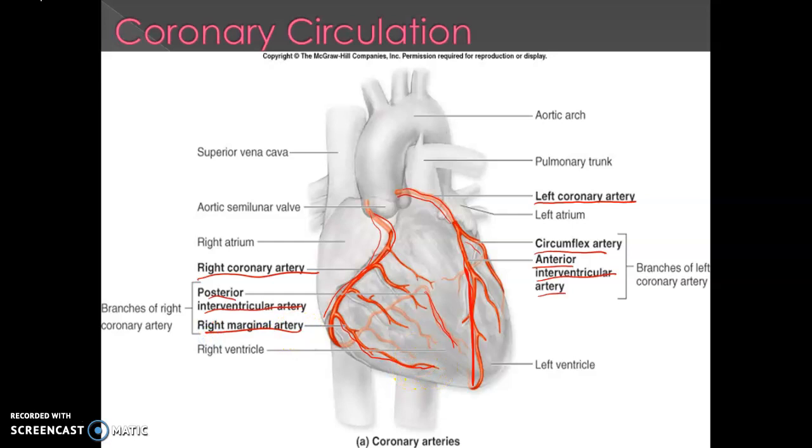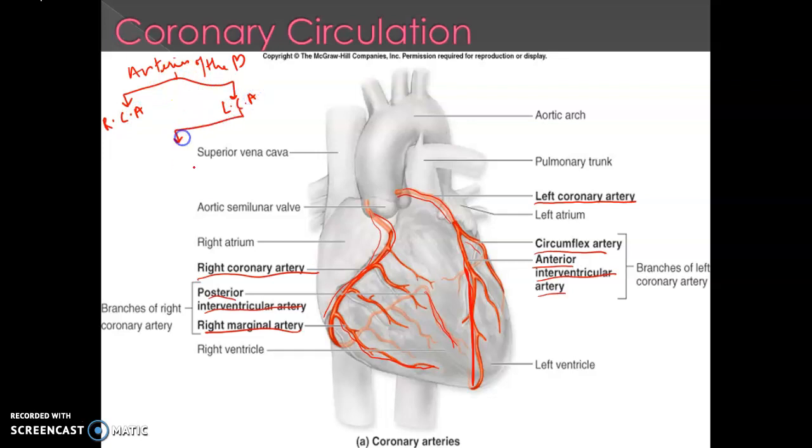Okay, so let's do it one more time. We are looking at the arteries of the heart. Two arteries: we have the right coronary artery and we have the left coronary artery.